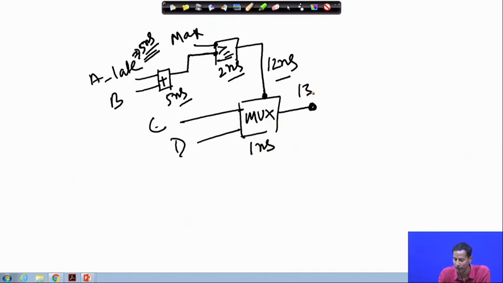So, after 13 nanoseconds I will get the corresponding output. Okay. So, instead of doing that, can I reduce this particular 13 nanoseconds which is required here? Can I reduce it, and if so, how can I reduce it?